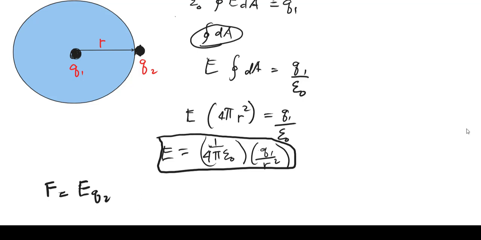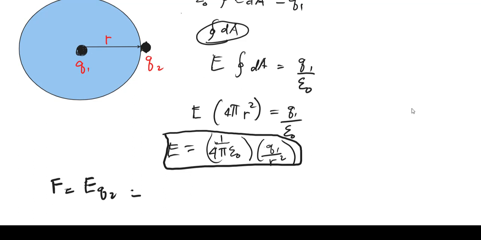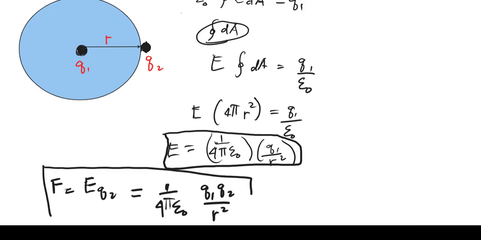Therefore, this equation becomes 1 over 4 pi epsilon naught Q1 Q2 over r squared. This is just, again, Coulomb's law. So this leads us back to Coulomb's law.